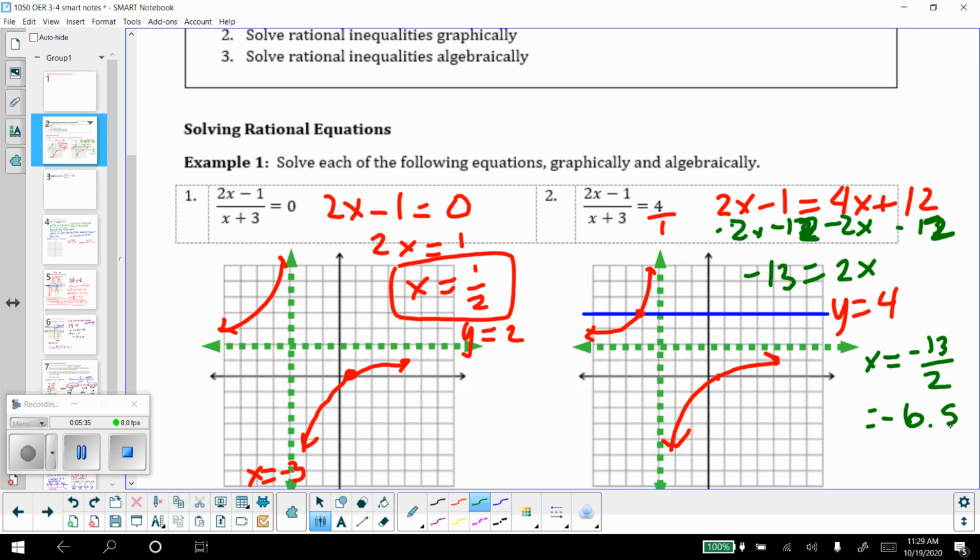So let's look at this graphically. I know I wasn't very careful about where I plopped my graph. Theoretically, though, because I just solved this way, the point where these cross should be at -6.5, so 4, 5, 6.5, more like right there, and then up to that 4. So obviously my graph is not really sitting in the right place.